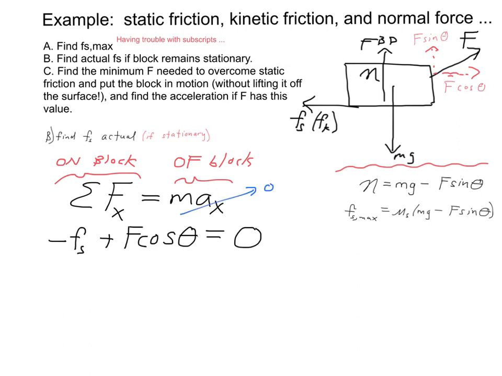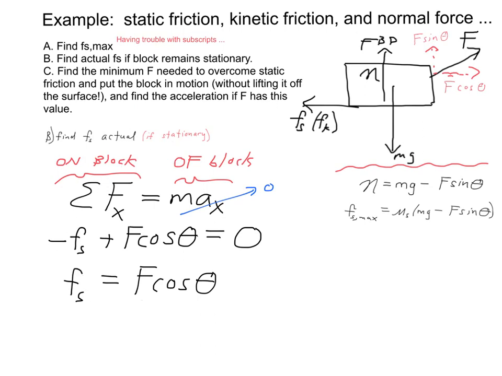We can solve this then for the static frictional force magnitude, and finally we get that the magnitude of the static frictional force that the surface exerts on the block is just equal to the strength of the pulling force F multiplied by the cosine of theta, theta being the angle of inclination that the force has relative to the horizontal. Now, we didn't really need to go through all this in gory detail.